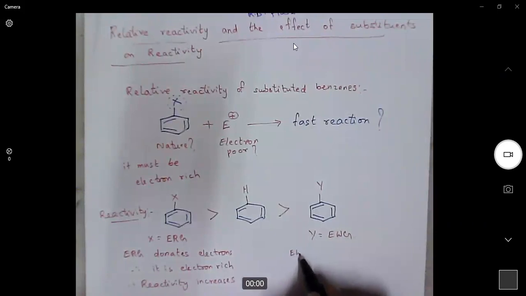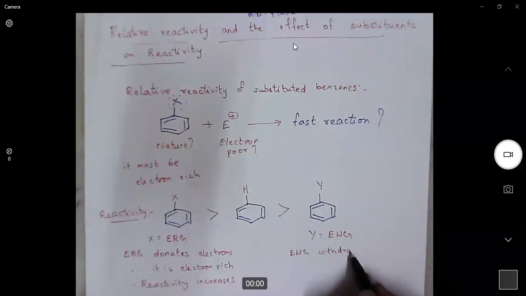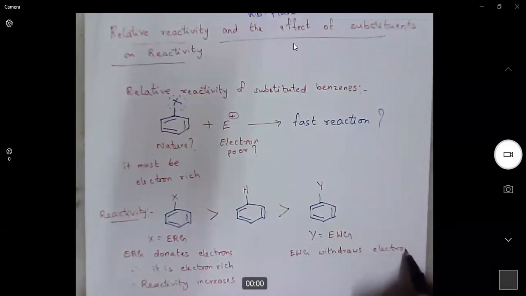Electron withdrawing substituents withdraw electrons from the benzene ring. As a result, what happens? It becomes electron poor system.